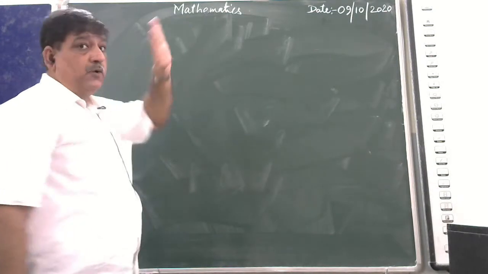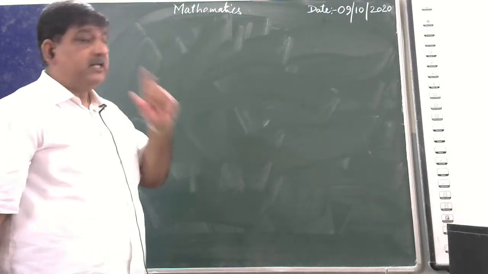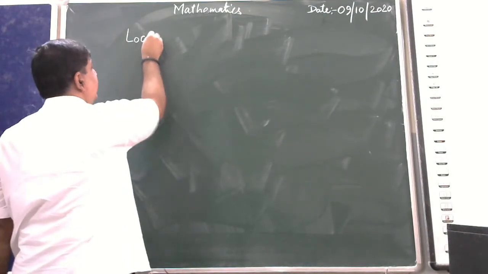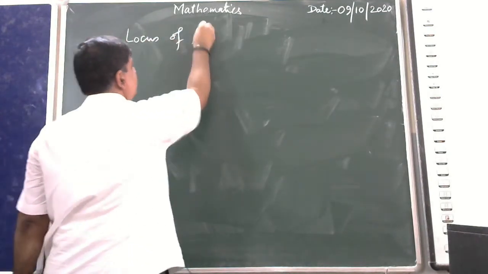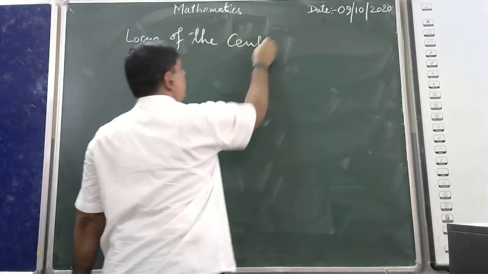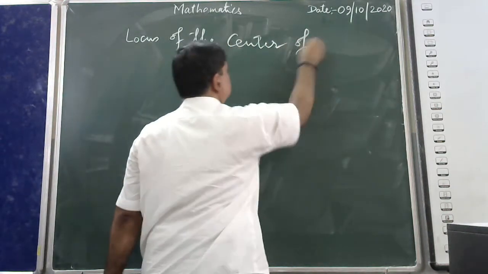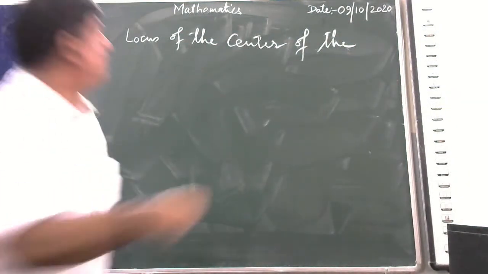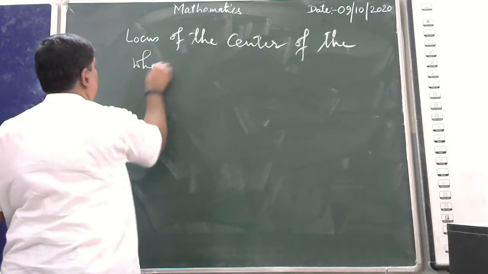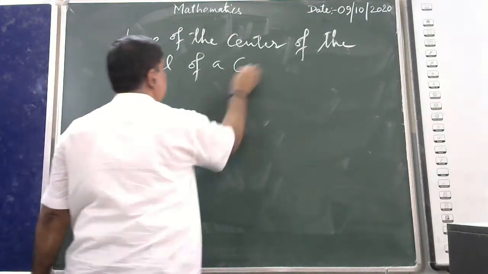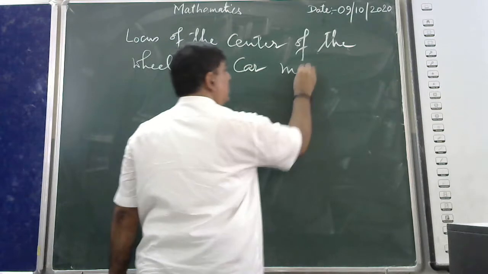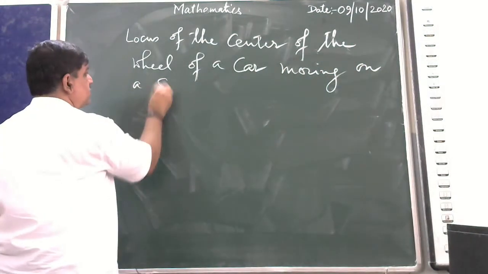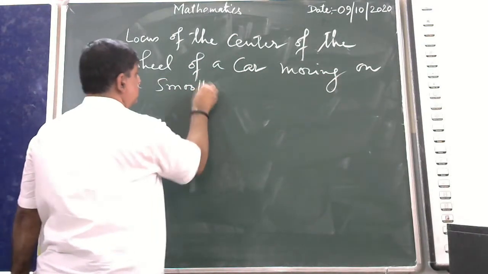So, what was the question? What is the locus of the center of the wheel of a car moving on a smooth plane?